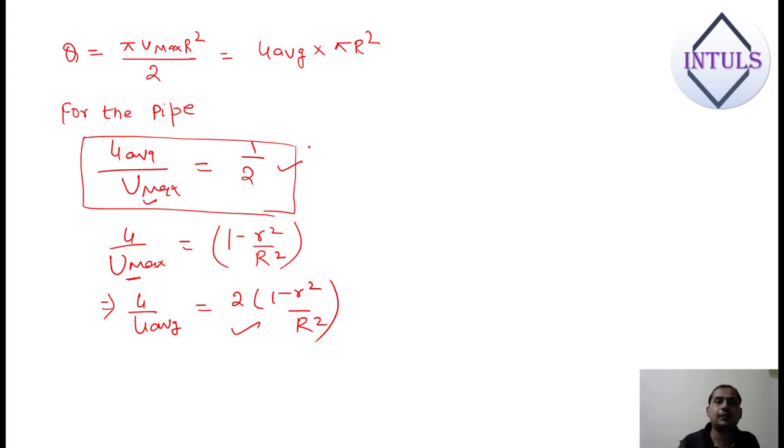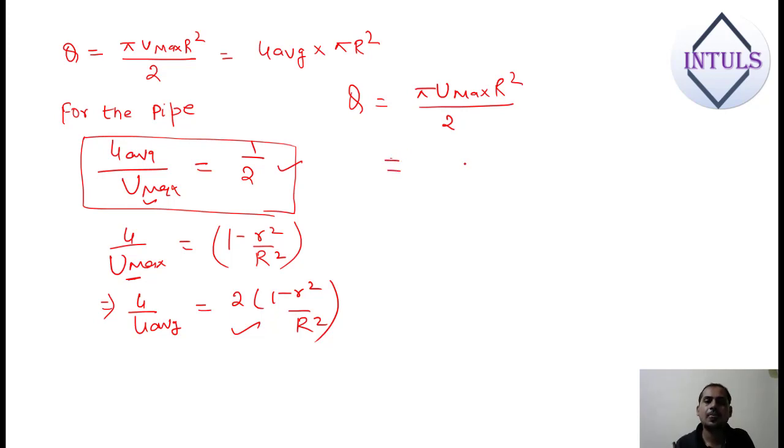Another thing, if you want to calculate Q from the pressure drop equation, then simply you have to put the value. So Q is equal to pi u max R square upon 2. Is it correct? Yes.